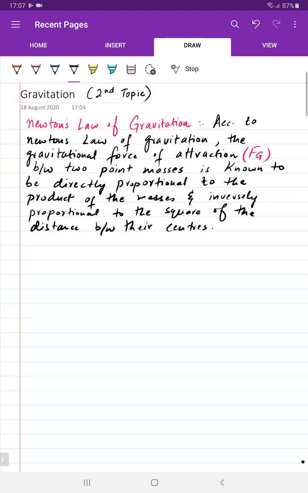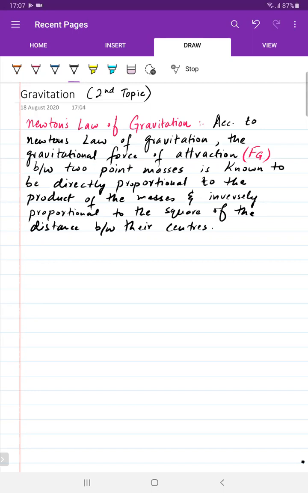Okay, so according to Newton's law of gravitation, the gravitational force of attraction Fg between two-point masses is known to be directly proportional to the product of the masses and inversely proportional to the square of the distance between their centers.